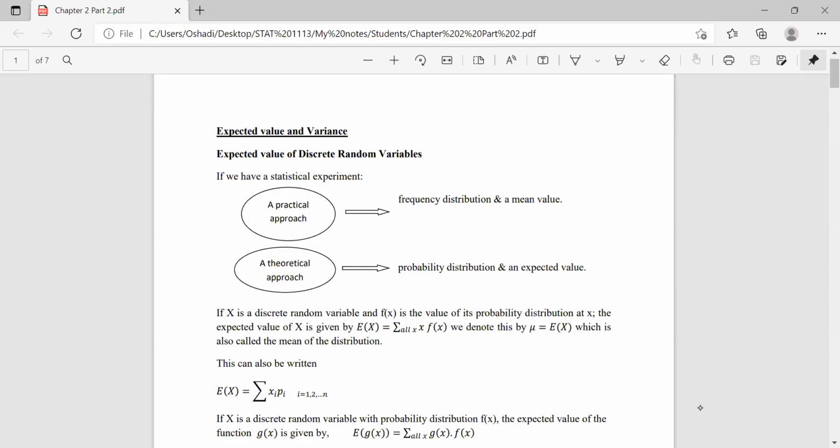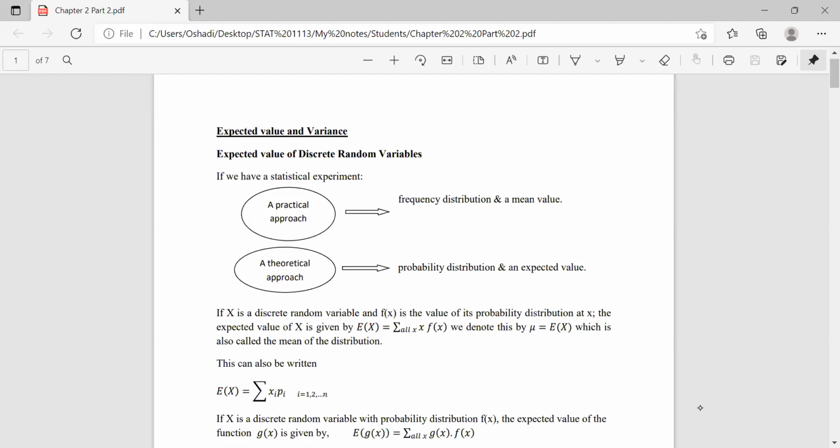Without doing an experiment, we can obtain an idea about the probability values for each number 1 to 6, and that is called the expected value. So we have two approaches. If we do the experiment practically, there is a frequency distribution, not actually a probability value: 1 occurred this many times, 2 occurred this many times. Likewise, there is a frequency distribution, and we can obtain a mean or average value.